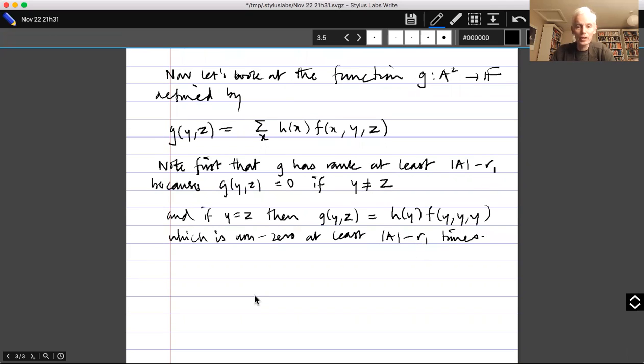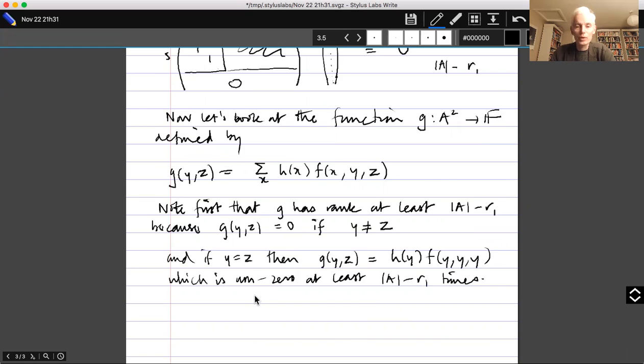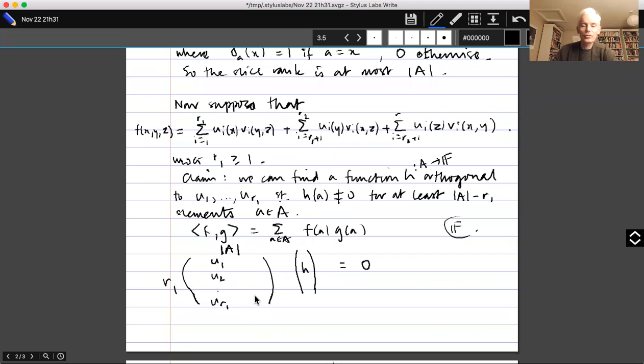But we're going to get an upper bound for the rank as well by considering the fact, which we haven't yet used, well, we've used it to define H, but we haven't used the fact that F is really written like this. Let's think what we have. We're multiplying both sides by H and then summing over x.